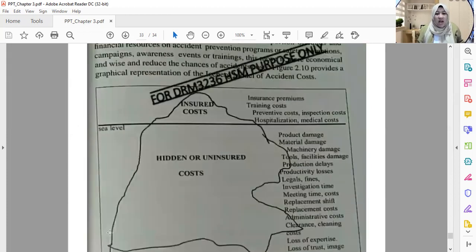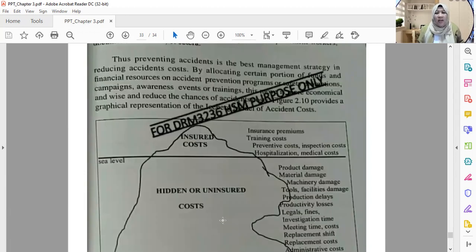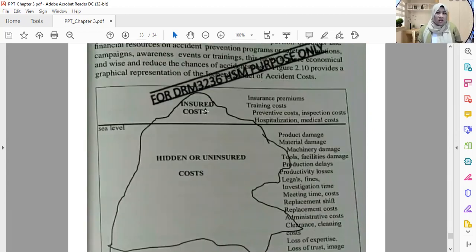So this is how it looks. It's like an iceberg. You can see from here the insured costs are here: insurance premium, training cost, preventive cost, inspection cost, hospitalization cost, and medical costs.